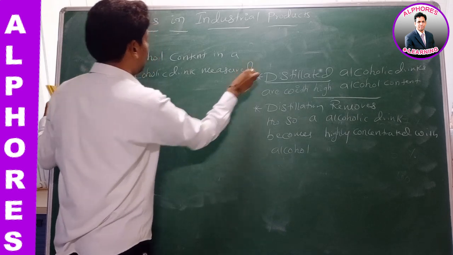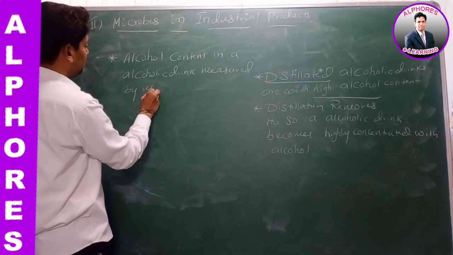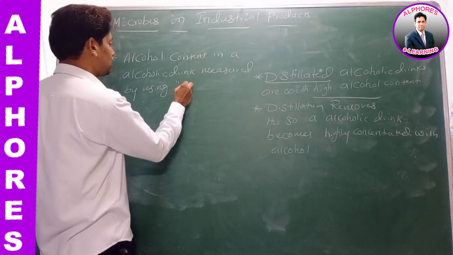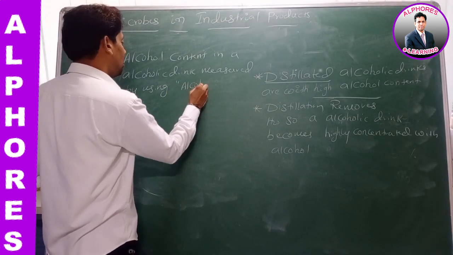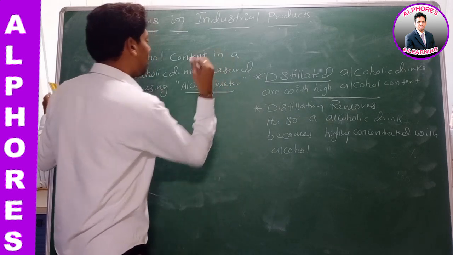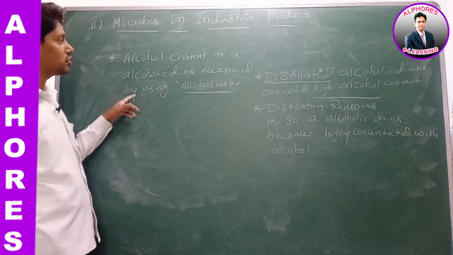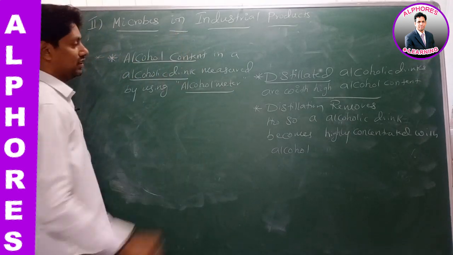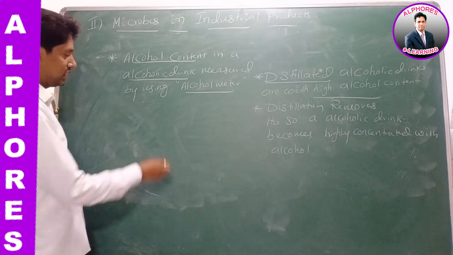How? By using which instrument? Alcohol meter. Therefore, the alcohol meter is used to measure alcohol content in an alcoholic drink. Is this statement okay? Right?